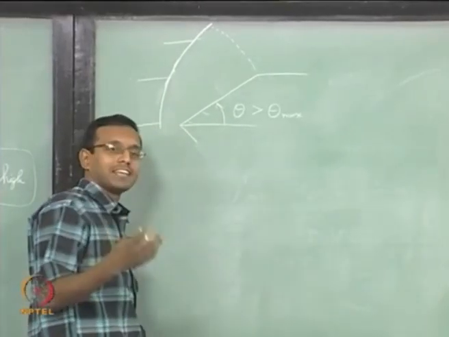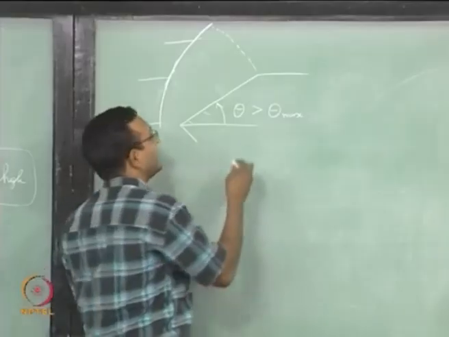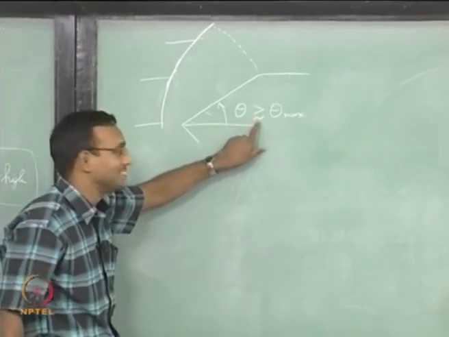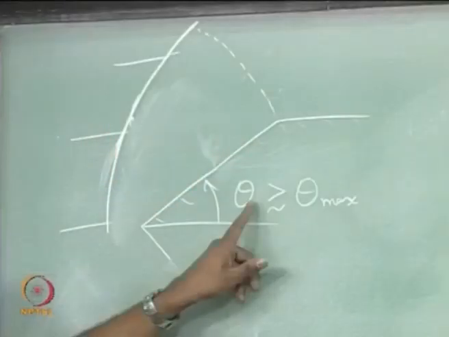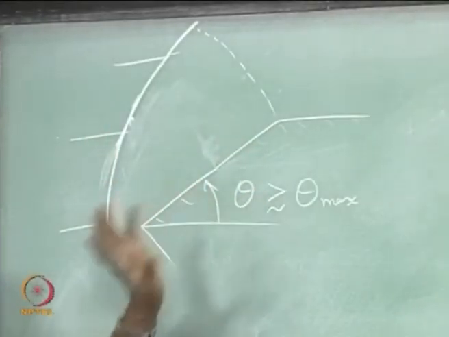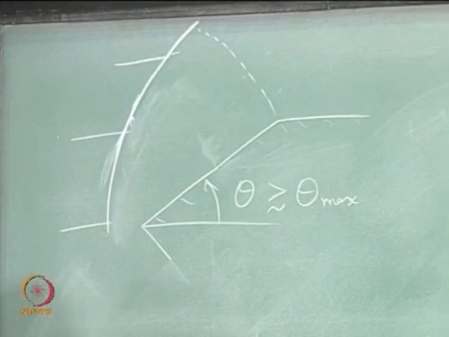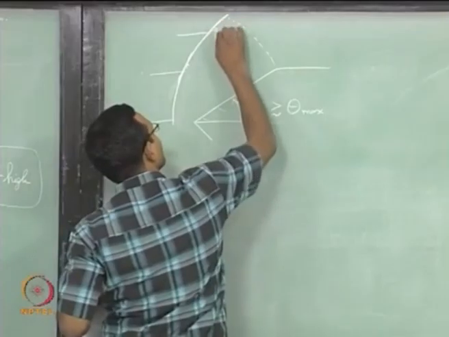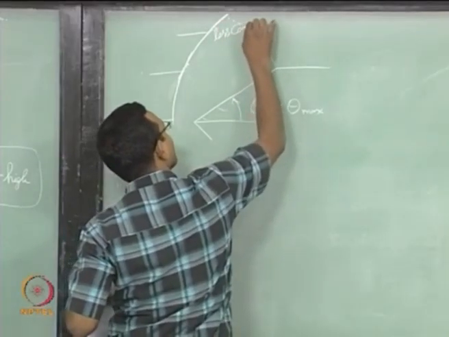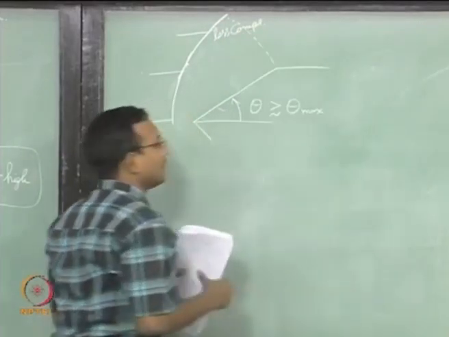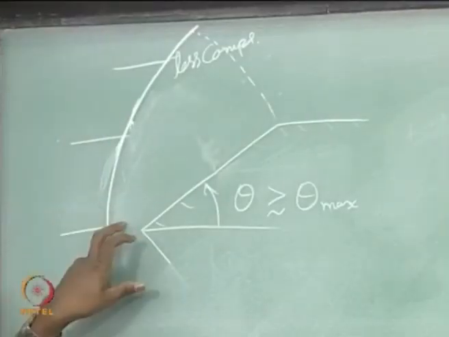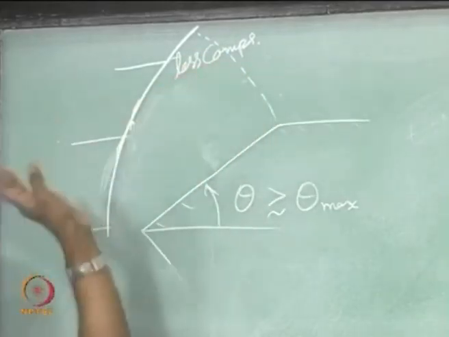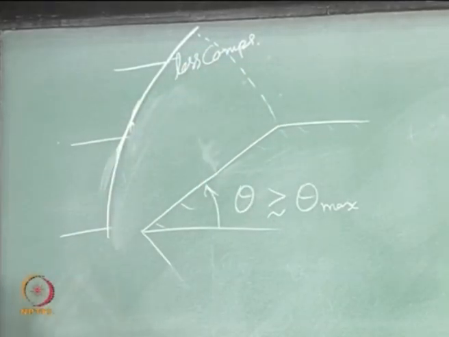Now, let us consider a case where it is only slightly greater. This is not usually used in math, but I will just tell this is not a common sign. Okay. I am just saying it is approximately equal, but slightly greater. I will pick such a case. Okay. And I have this particular condition, this is for less compressible gas. Okay. And it has to go through a subsonic solution and then adjust itself along the wall and get out. That is all we did already in today's class.